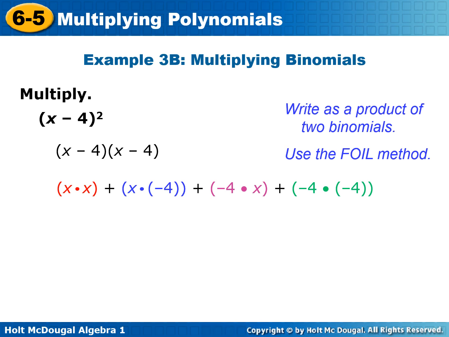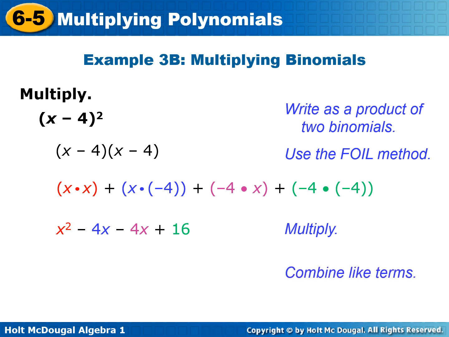Okay, so we simplify them, we multiply. So we get x times x is x squared. X times -4 is -4x. -4 times x is -4x again. And -4 times -4 is 16. Okay.